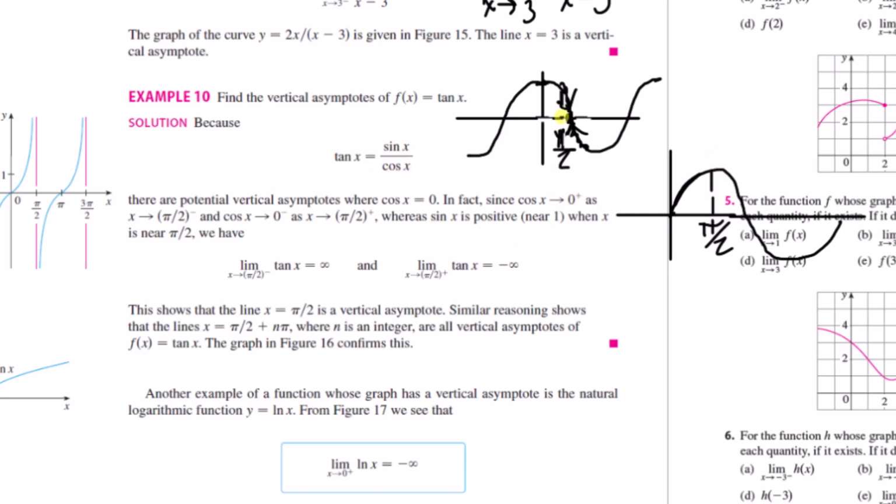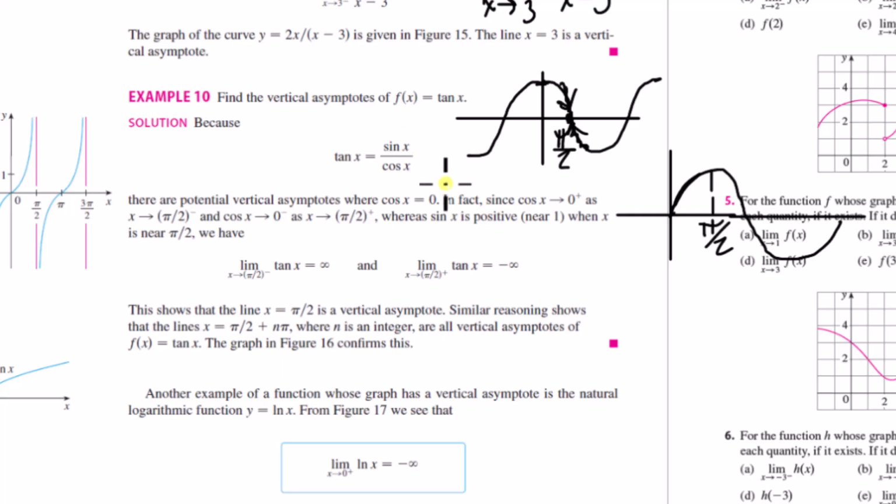But in the denominator, we're also going to have a finite number, but it's going to be very tiny, very close to 0. Depending on the direction, it could be a very tiny positive or negative number, but still close to 0.